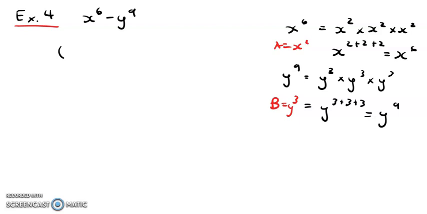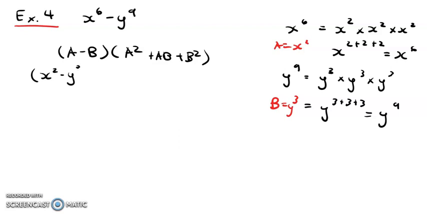Again, we would start off and say this is a difference of cubes here, so we have a minus b, and then we're going to say a squared, then plus ab, and then plus b squared. All right, so if we sub in what we know now, that a is equal to x squared and b is equal to y cubed, we would say that we have x squared minus y cubed.